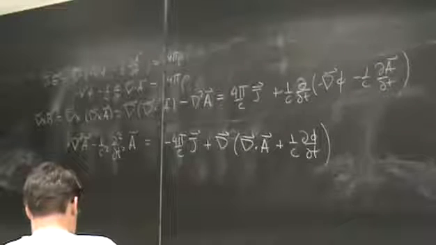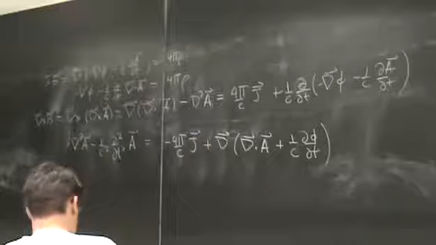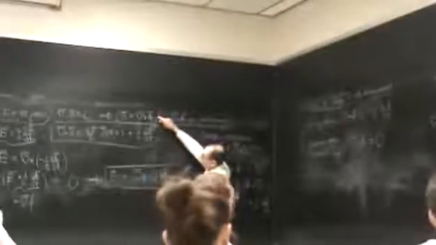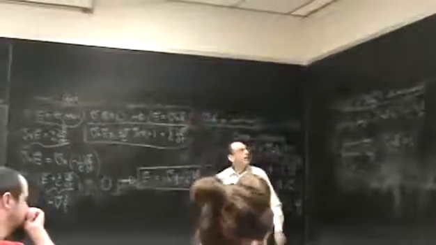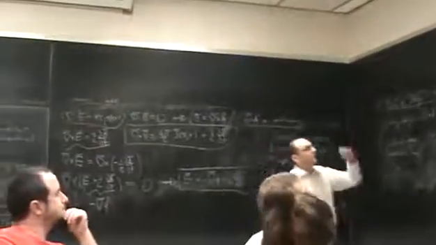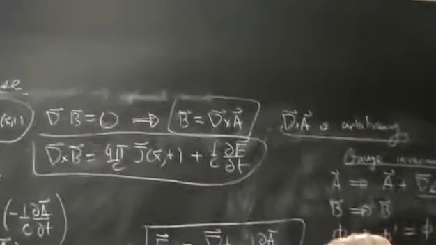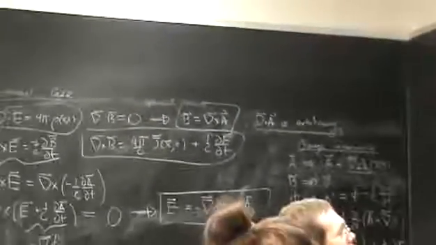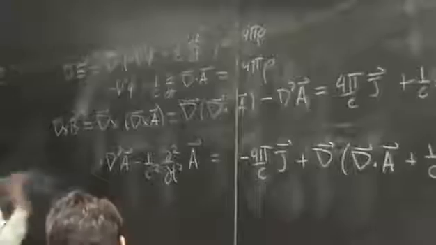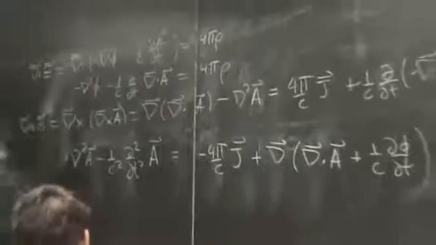All right, so we just took these definitions of the fields in terms of the potentials, and we plugged them back into the source equations. Now we have to choose our gauge. Let's start with the Lorentz gauge.